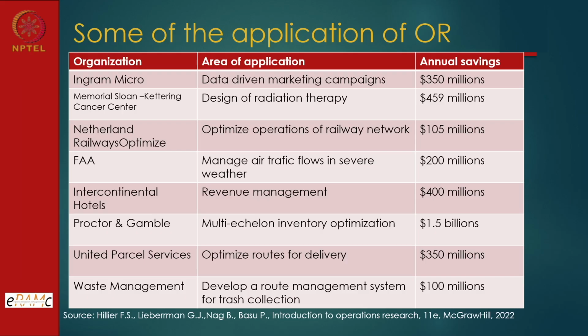Again, Intercontinental Hotels, 400 million is the saving, and then Procter and Gamble. All these things I have sourced from a book called Introduction to Operations Research, by Lieberman and Nag Basu. So you can see this is available in the open domain.